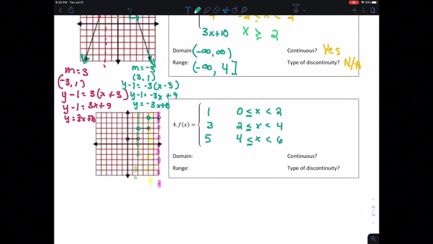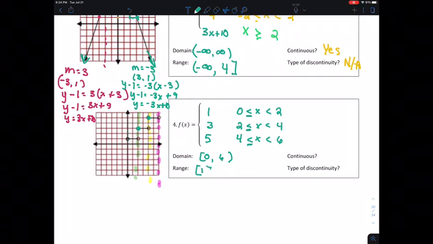So what is our domain for this? Our domain for what we have drawn is simply, it starts at 0, and it ends at 6, but 6 is not included, and every x value in between is included. Our range, however, we can either write in interval notation or as a solution set.